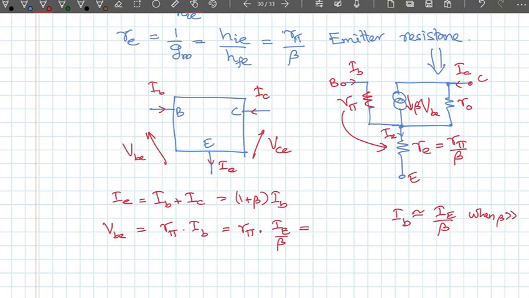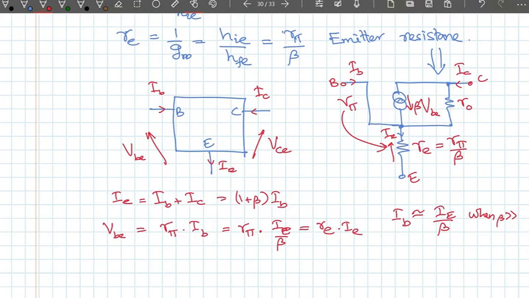So now we can say R pi, so this voltage should be the same as Re times IE, the new voltage across base and emitter. So therefore we can say Re should be equal to R pi over beta, right?